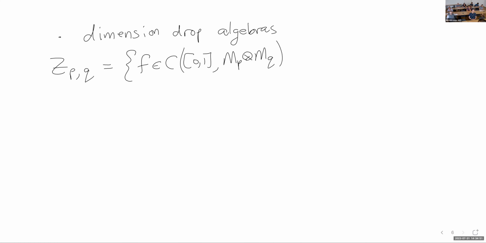We introduce boundary conditions at 0 and at 1. As suggested earlier, they are block diagonal. So f(0) is in the block Mp tensor 1q, and f(1) should be in the block the other way around, so 1p tensor Mq.